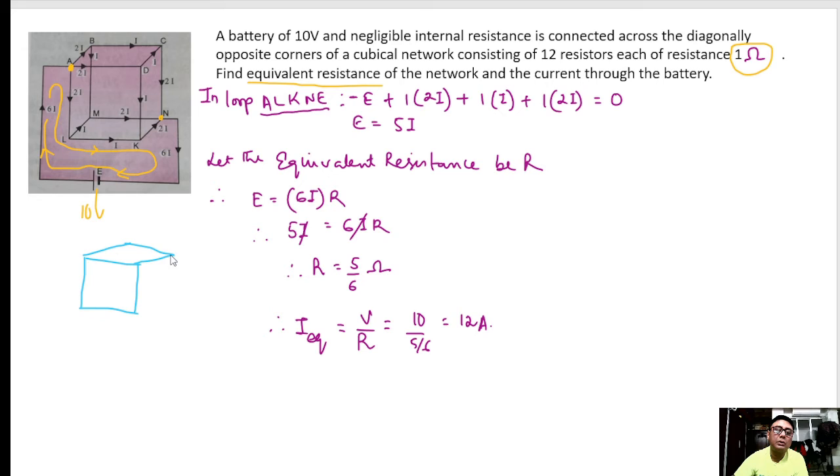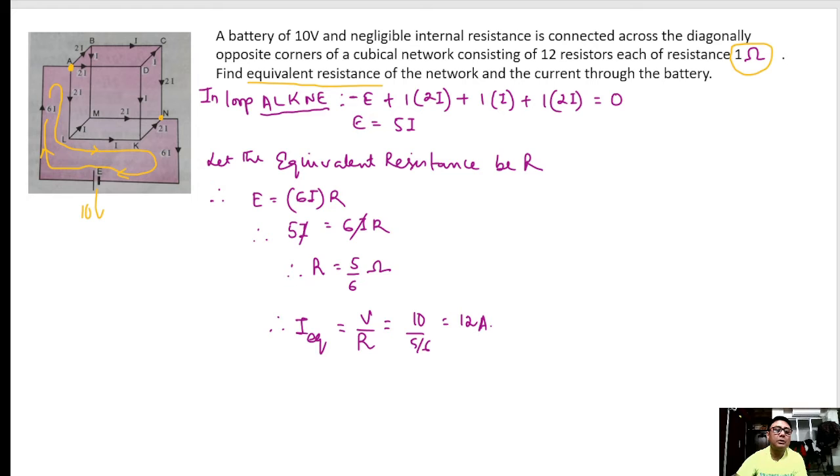If you cut the cube like this, it will be symmetrical on both sides. That is why the distribution of the current will also be the same on both sides of the cube.